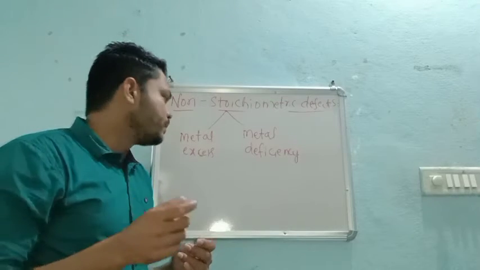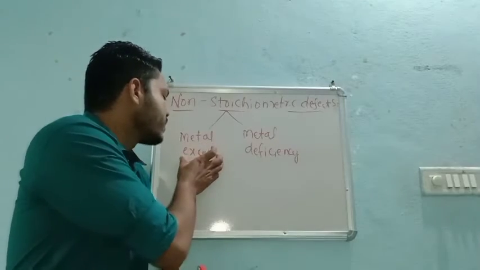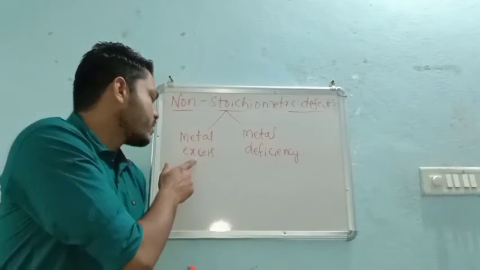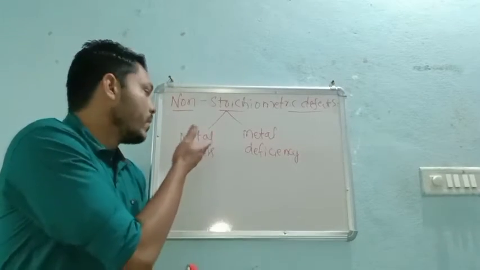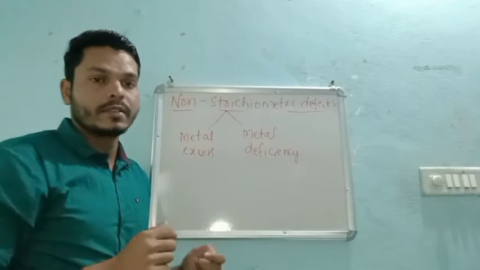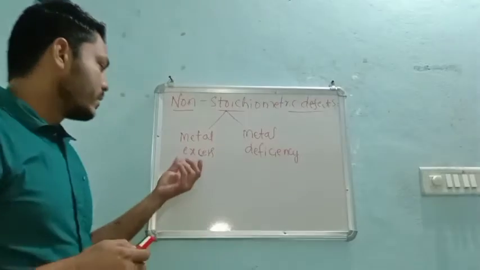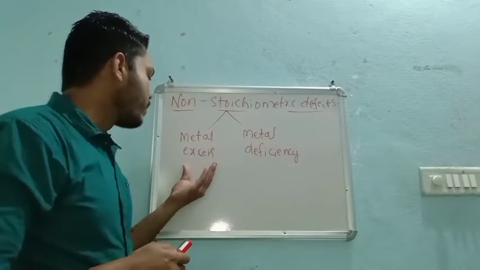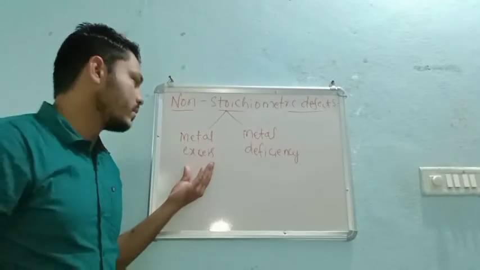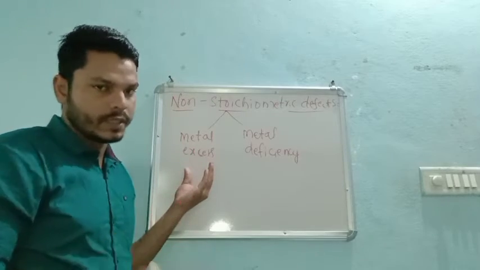Now, metal excess means the positive charges are more. The name itself indicates there are more metals, and how this defect arises we will see later.